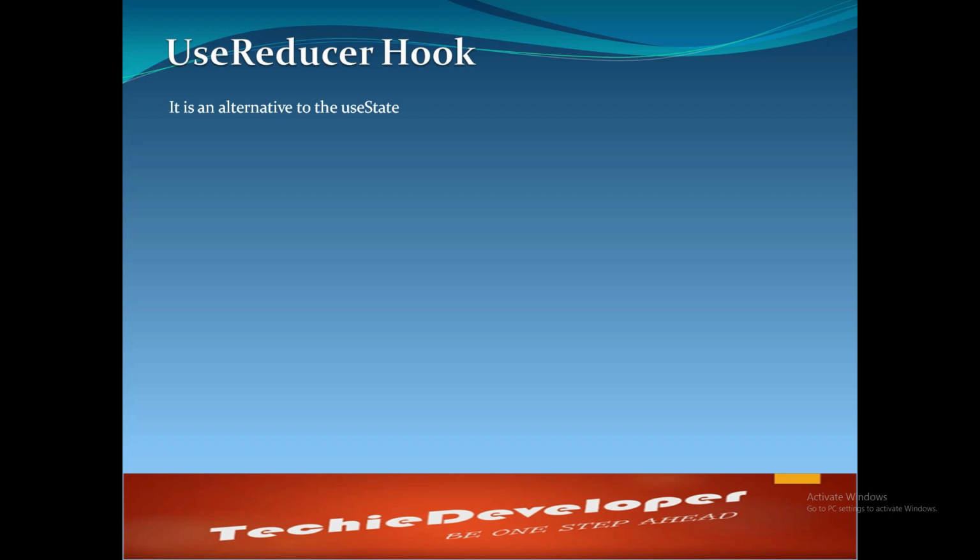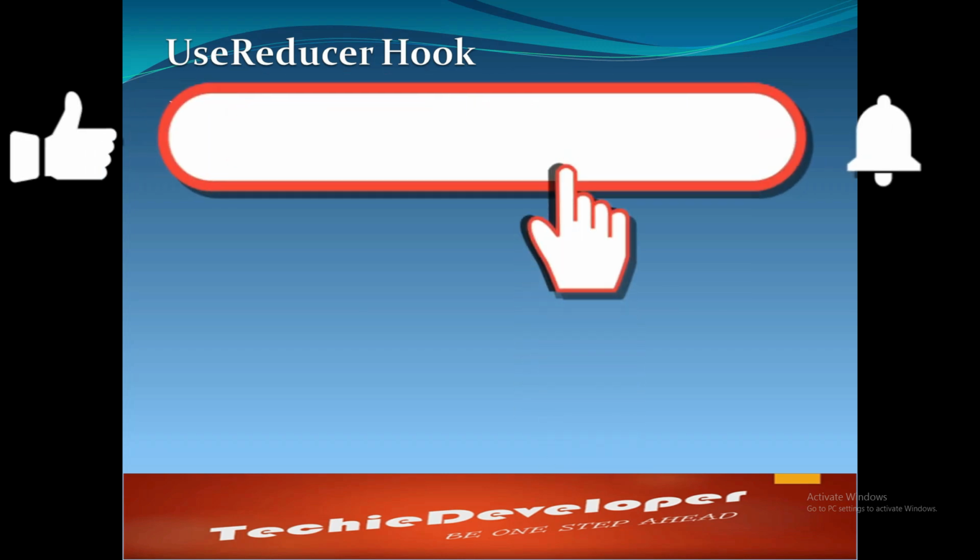Sometimes we will forget to update the state of another variable: we will update one variable, the other will not update, and syncing will not happen properly. That type of complexity may occur with complex state management. To make it simple, if we have many variables for which we have to maintain state, we have an alternate solution, that is useReducer.